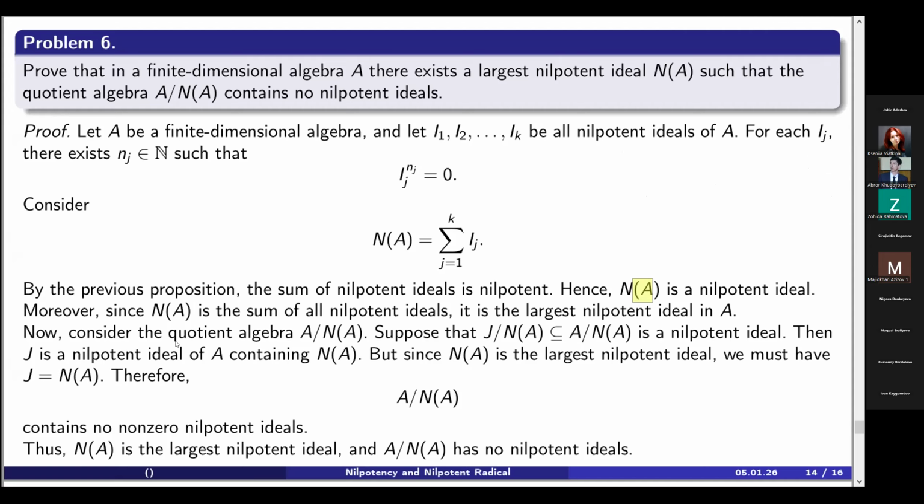Now consider the quotient algebra. Suppose that J quotient N is a nilpotent ideal.